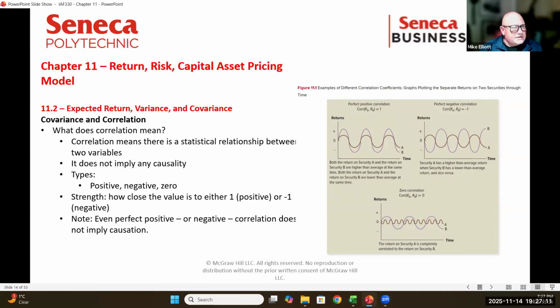Perfect negative correlation says if fast goes up, slow goes down by the same amount, offsetting and offsetting and offsetting. What you're going to get is a straight line of those two returns. And then zero correlation says, I don't care what happens to fast, it has no impact on what happens to slow. They're not correlated at all.